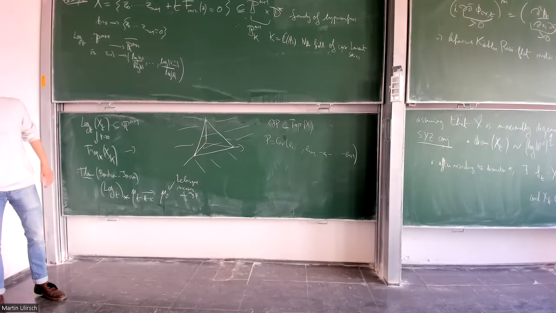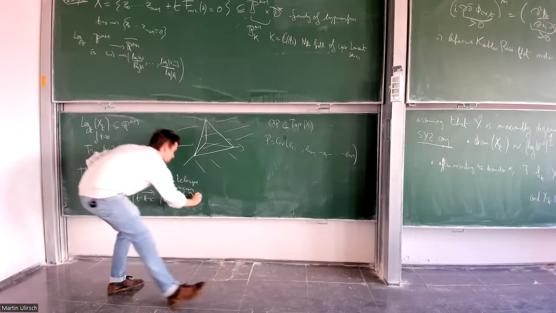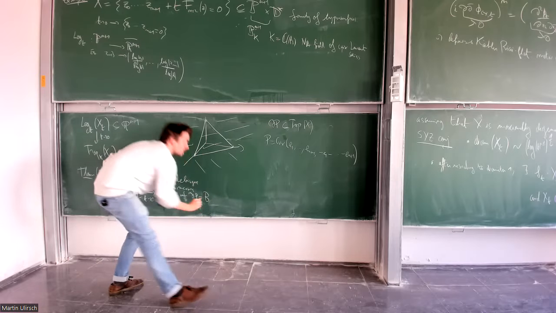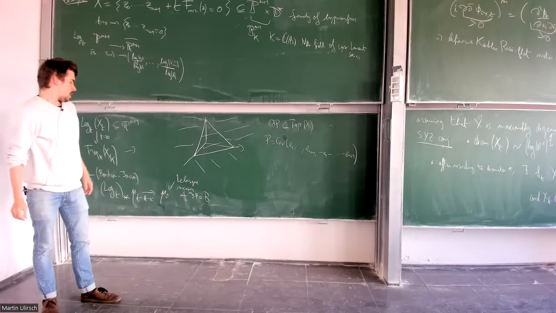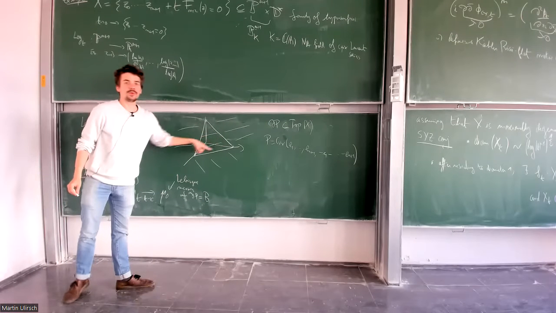And this is going to be the B from the SYZ conjecture. So it's the boundary of the polytope.